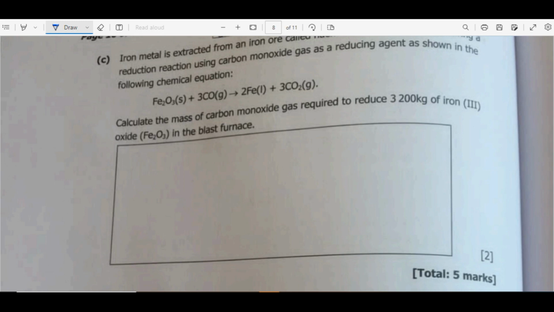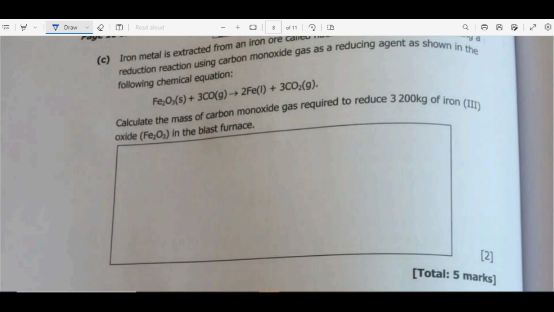We have been given a balanced chemical equation, and this equation summarizes the reduction of iron ore from iron 3 oxide to iron. Now let's not focus on that. Our task is to calculate the mass of carbon monoxide gas required to reduce 3,200 kilograms of iron 3 oxide in the blast furnace.